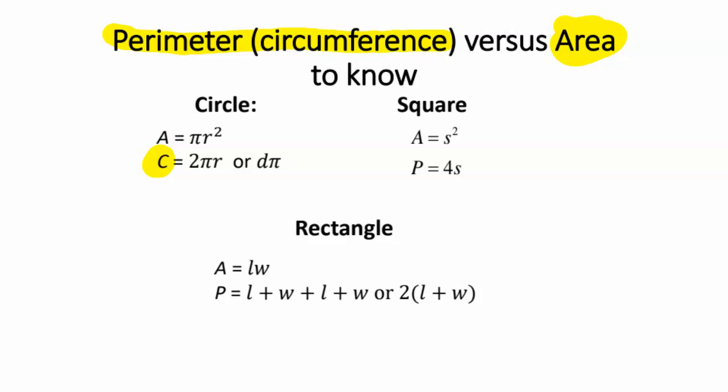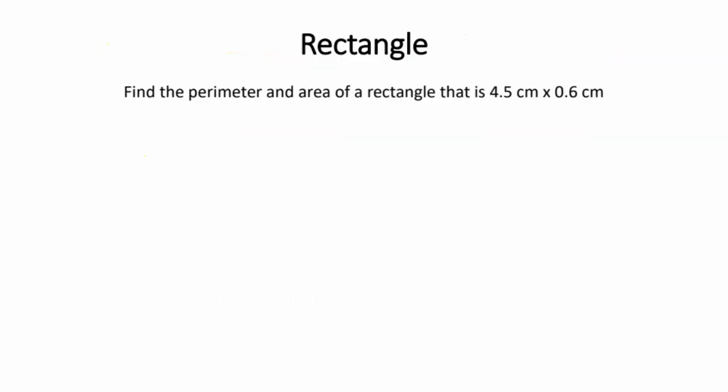So when you see P, that's perimeter. Now, you either know the formulas or you have to look back at this. They're going to tell you what figure you have in the story problem. Now, it's asking you to find the perimeter, and it's asking you to find the area.